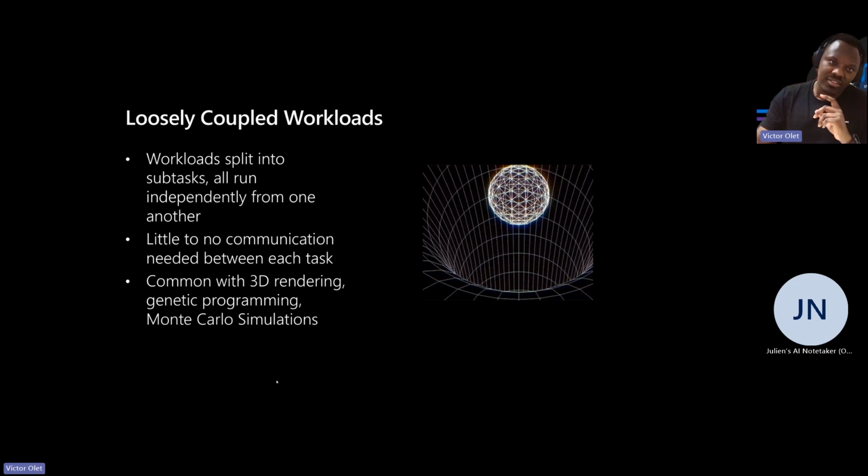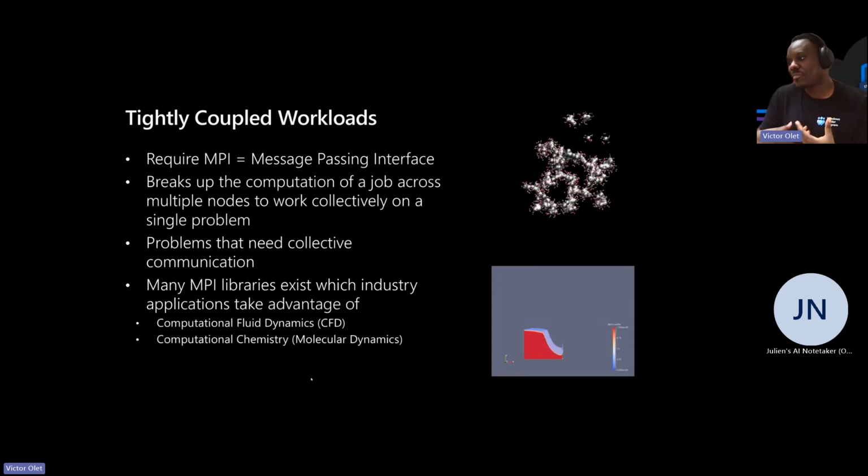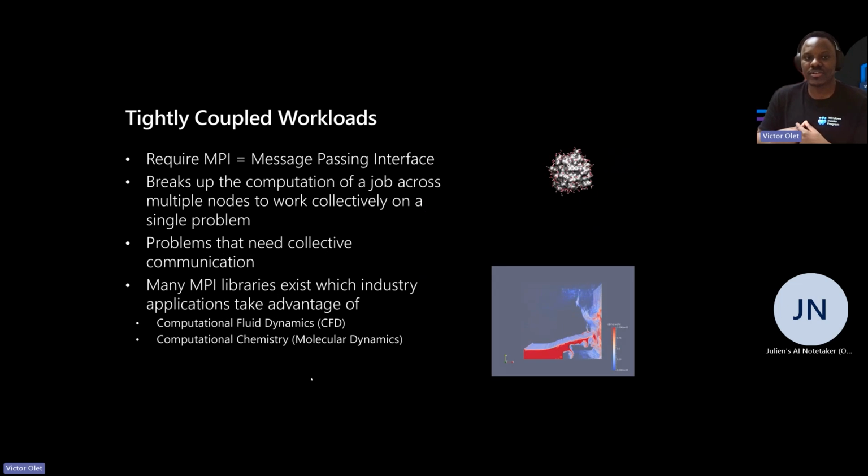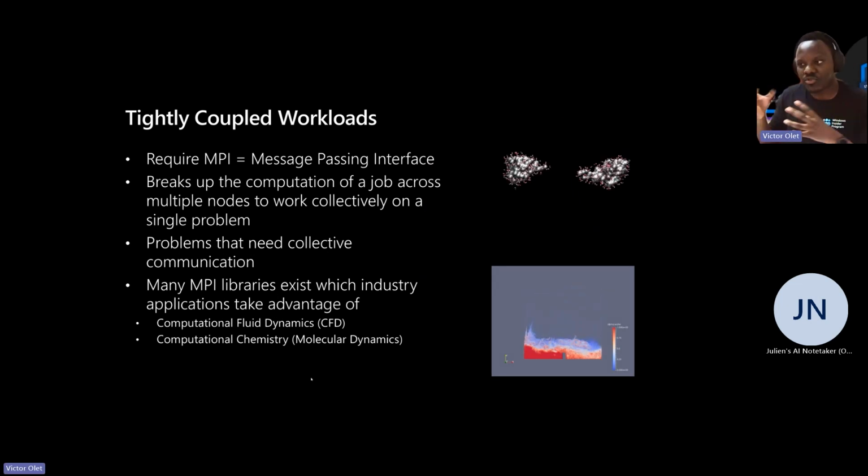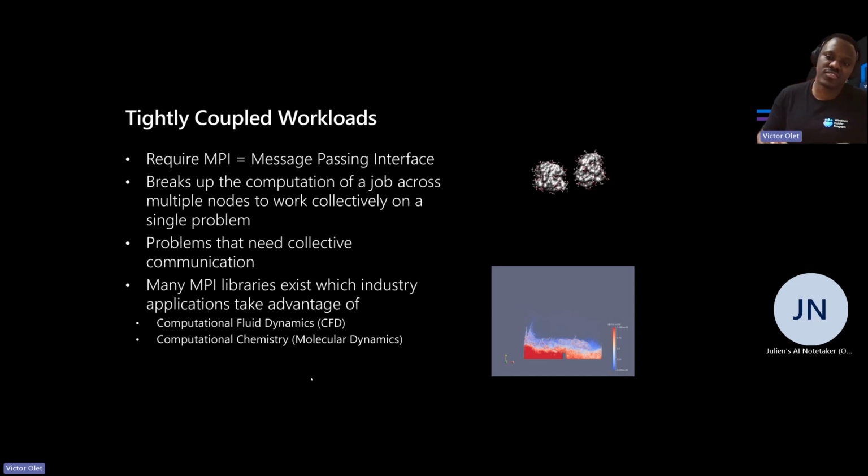Another type of workload, which is actually more of my area, is the tightly coupled workload. This one requires the two VMs to talk to each other, and that is where they would make use of the protocol called MPI. So here you have a case where the output, for example, on one VM needs to be sent to the other VM, and that would affect the result.